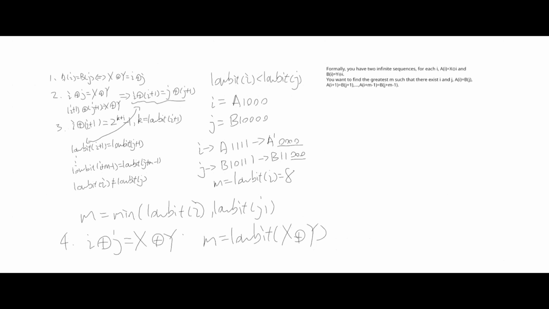Now, to prove that M is actually this value, I will give a construction and give a proof that M is impossible to be greater than this. First, a construction.